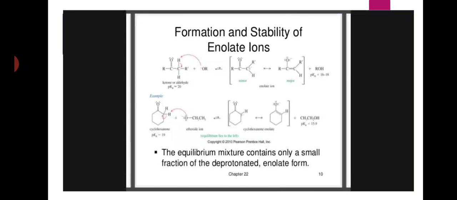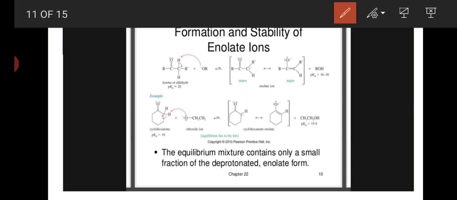Formation and stability of enolate ions. Here is a ketone or aldehyde, whatever it may be, in the presence of an alkoxide, RO minus. These are the two expected products: this is the minor product, and this is the major product, plus alcohol.